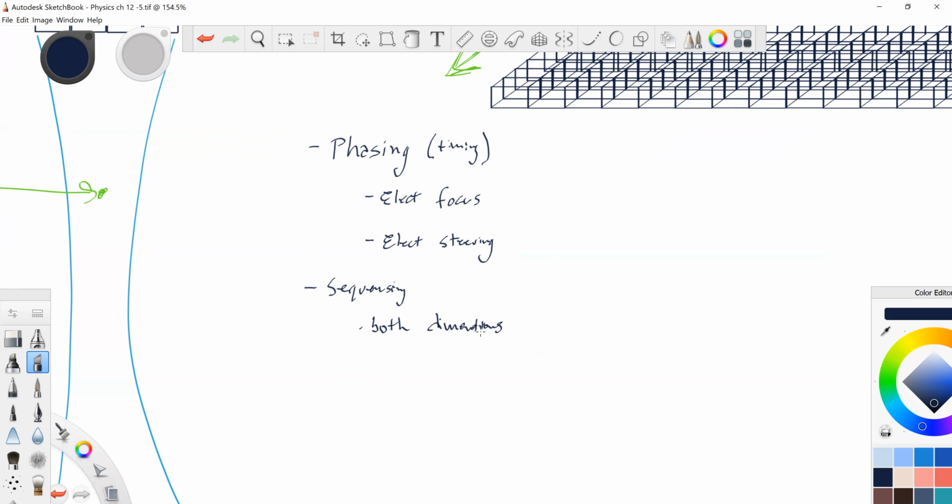Anyway, both dimensions. Phasing, electronic focus, and especially electronic steering and sequencing in both directions. So this guy incorporates everything. And it does it in more than one direction. So let's think about that.